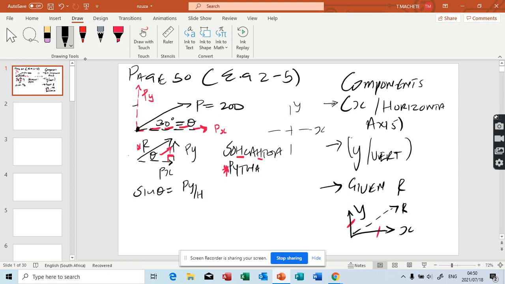And then to find the Px, as you can see, there's no opposite for Px. So you're going to have to use cos. Do you see that? So you're going to say cos theta equals Px over h.